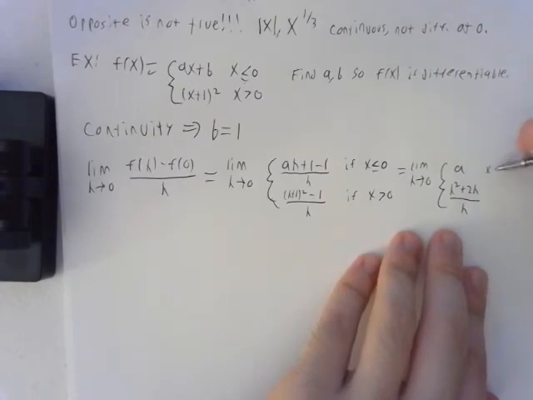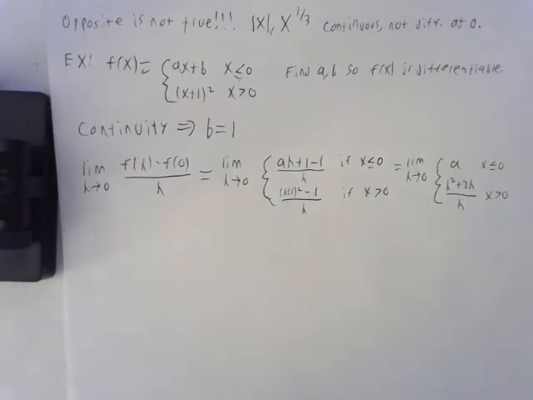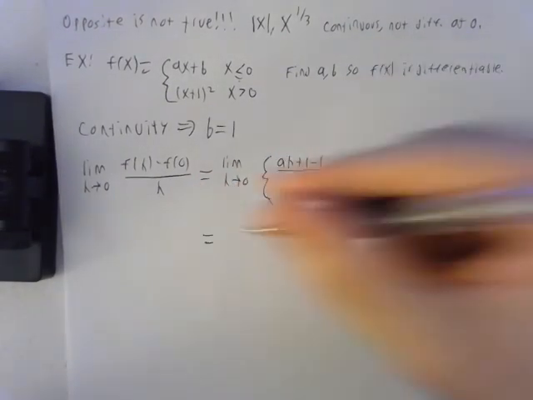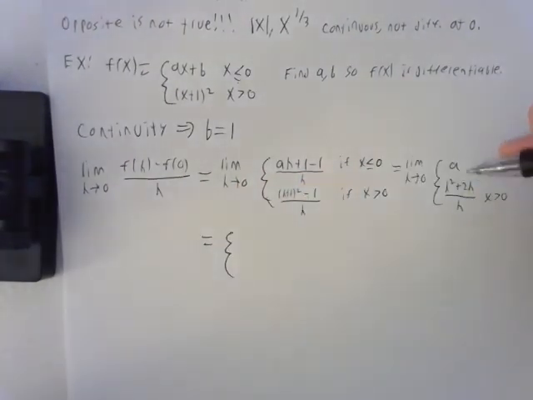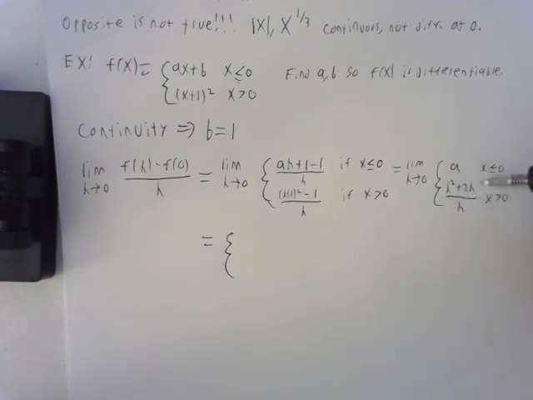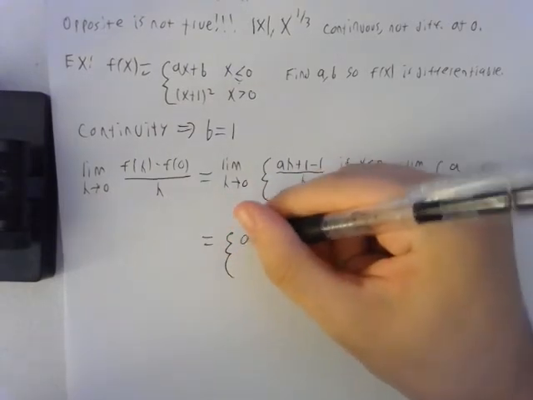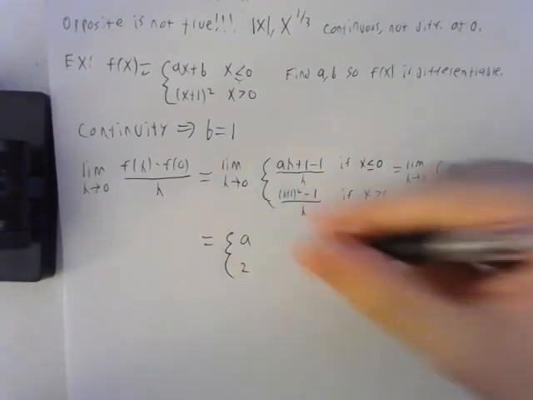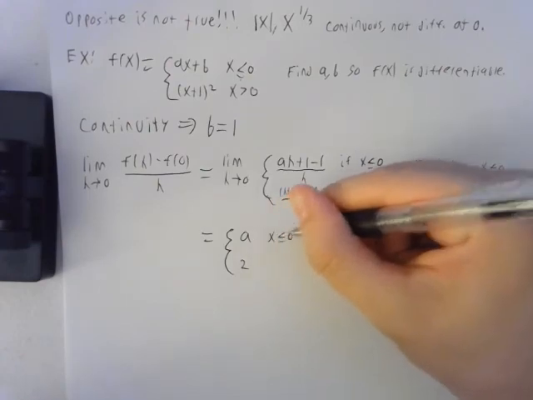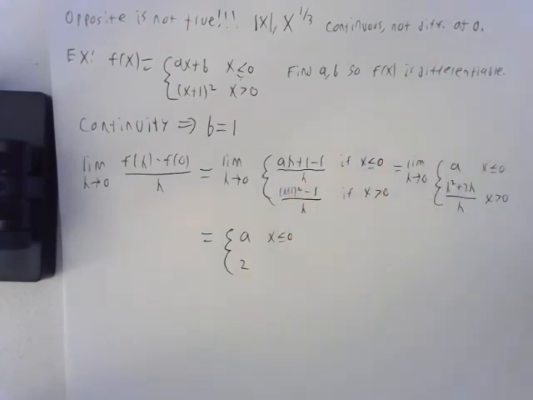So this is for x less than or equal to 0, and this is for x greater than 0. Now we can simplify further. If we cancel an h from the bottom and take the limit, you'll see you get a value of 2.